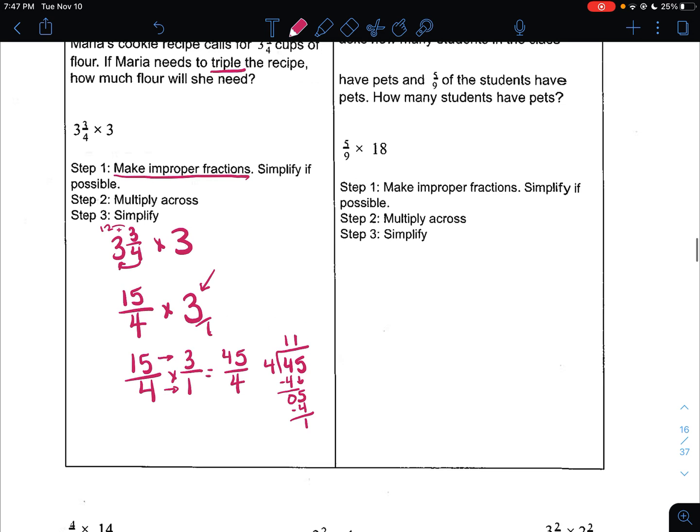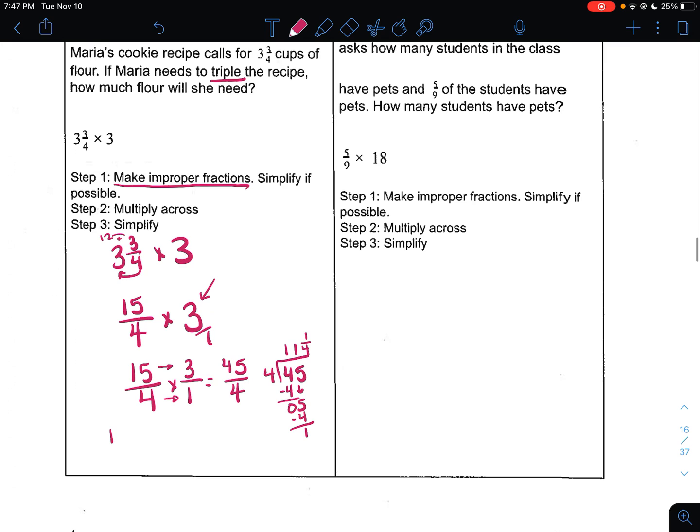Subtract. You get 1. So that remainder pops up to be my numerator, and 4 is the denominator. So Maria, is that her name? Yeah, Maria needs 11 1/4 cups of flour.